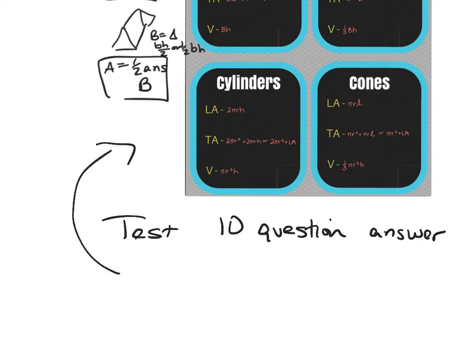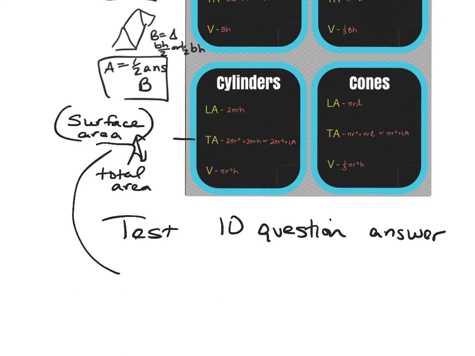You're either going to be calculating a total area or a volume. Now remember, total area is also surface area. So just remember that these two words, surface area or total area, mean the same thing. Volume is just all these different volume formulas.